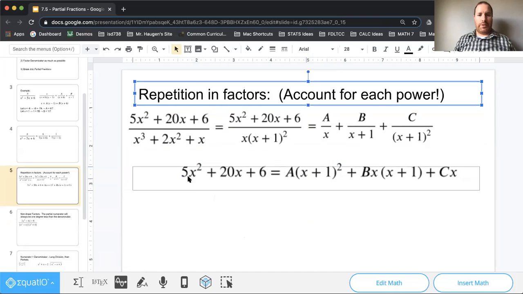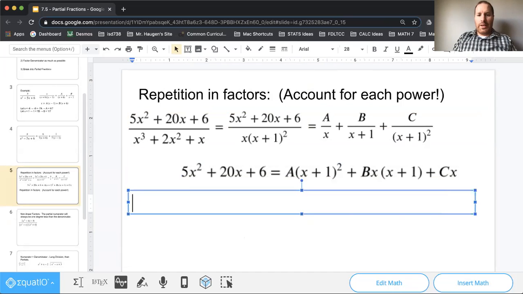So you can pick easy numbers. Easy things here are stuff that make things disappear one at a time, and those should always be factors or zeros of whatever the original denominator was. If I let x equal 0, that makes this stuff disappear because it's times 0.